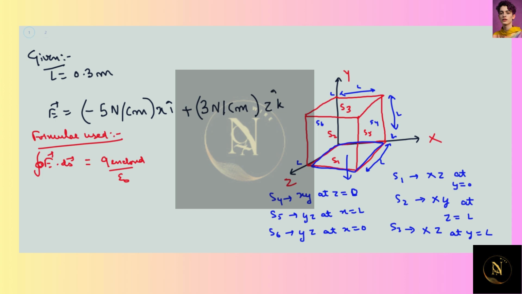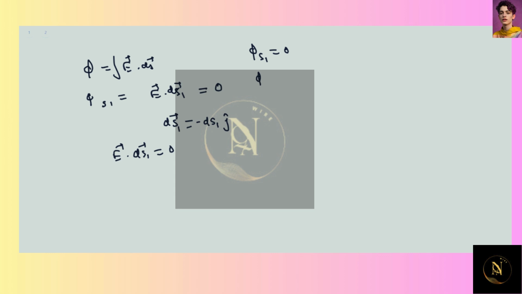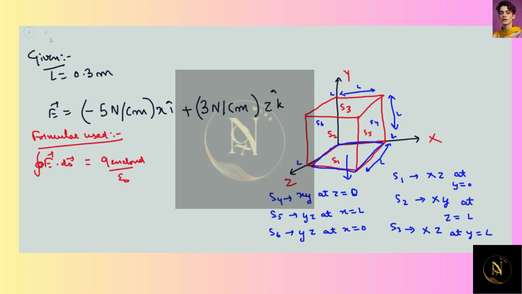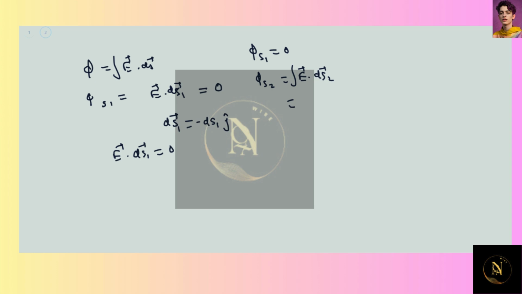Now going to S2, the flux through S2 equals E dot dS2. We have to find dS2 first. The dS2 vector is equal to dS times k cap.